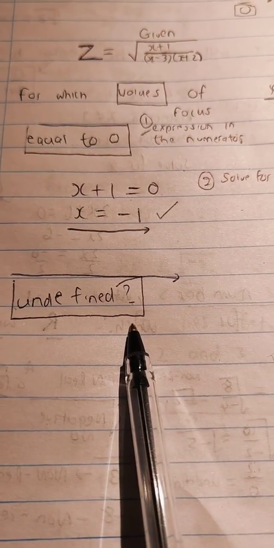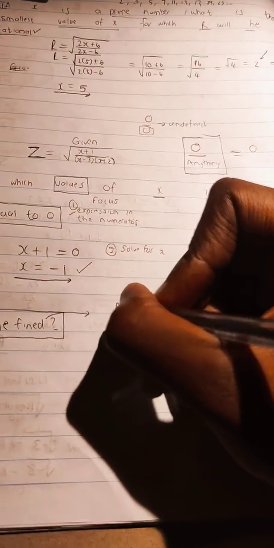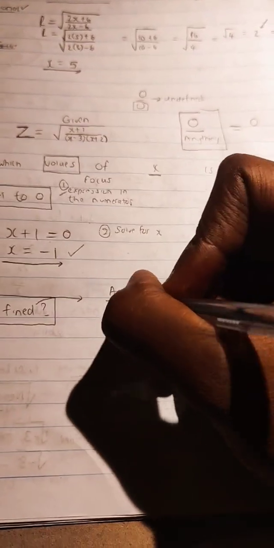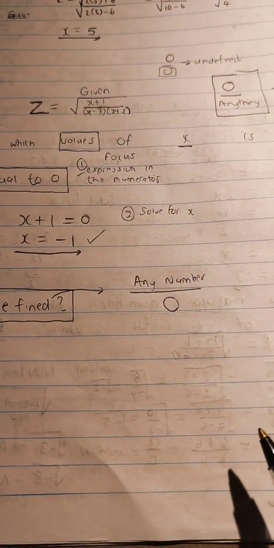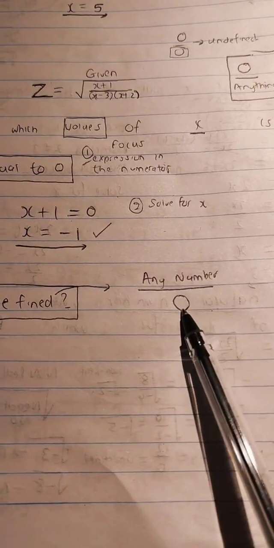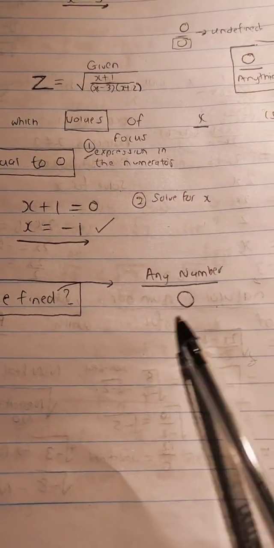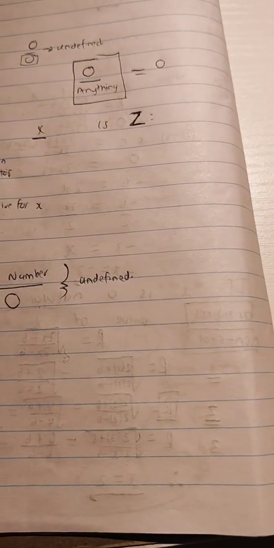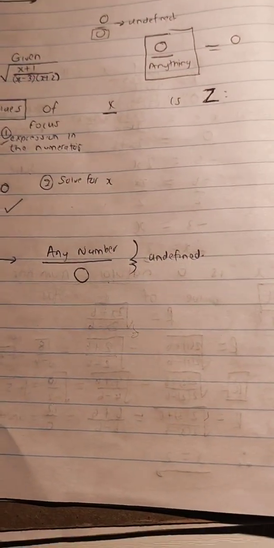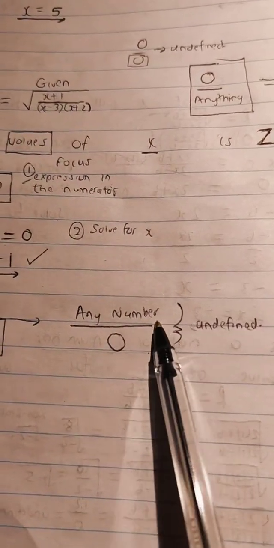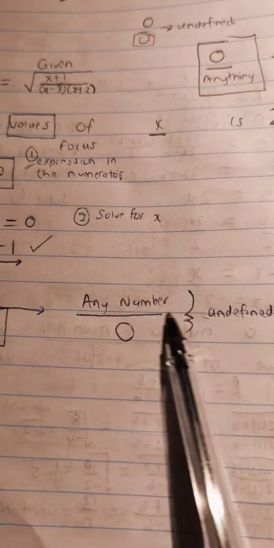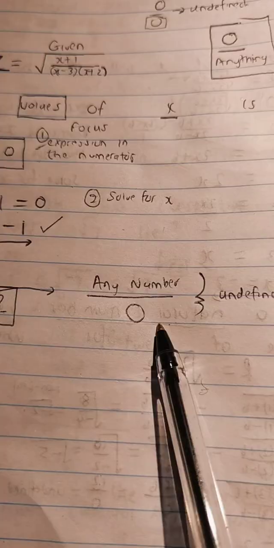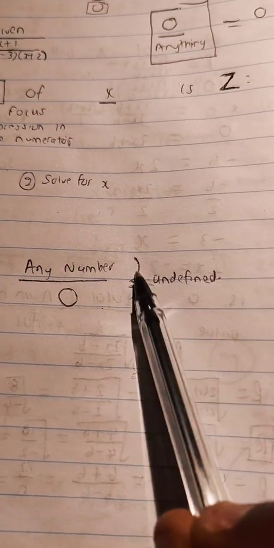Okay, thank you so much, 26. Our focus must be on the denominator. The reason why that is the case is because any number when it's over 0, so any number divided by 0, guys, any number over 0, that's what it means for it to be undefined.